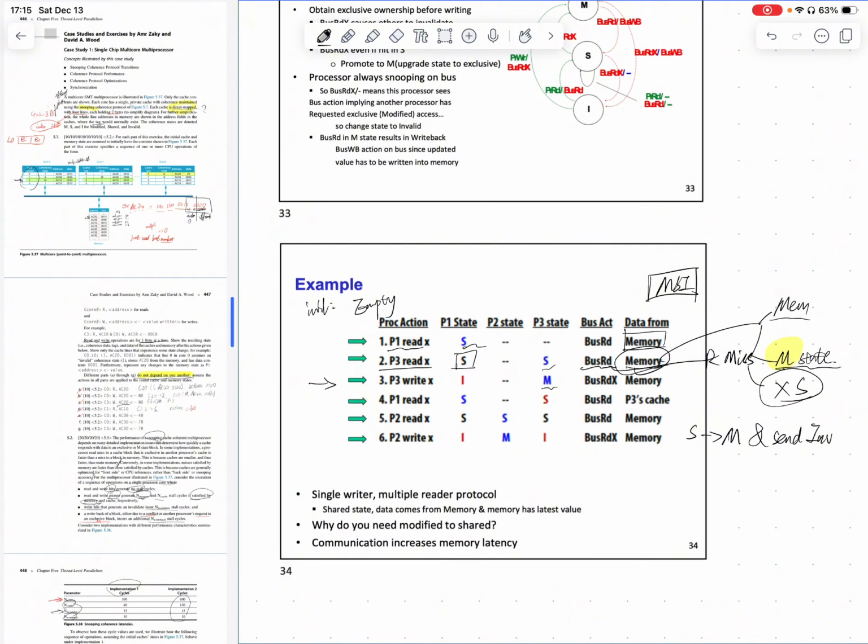I will say invalidate, okay? So the bus will be a read X. It says I will read something and also I want to modify it. So I just modify it. And also it actually is a write hit.